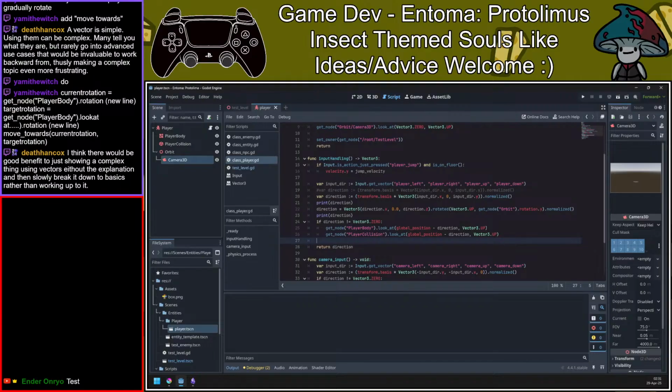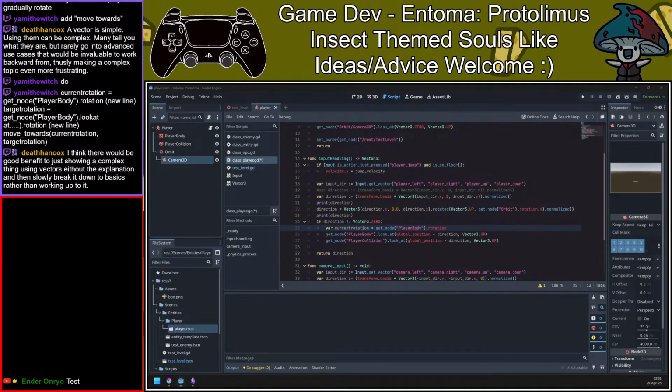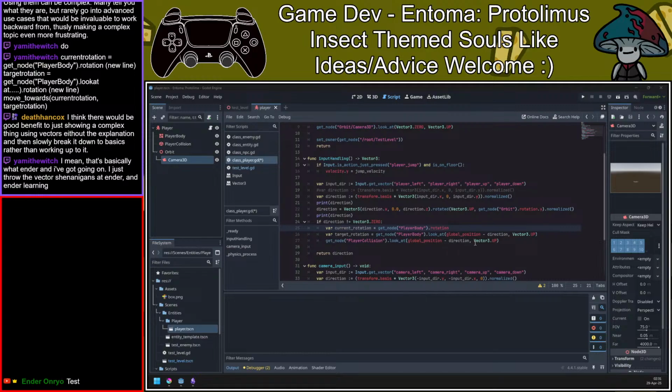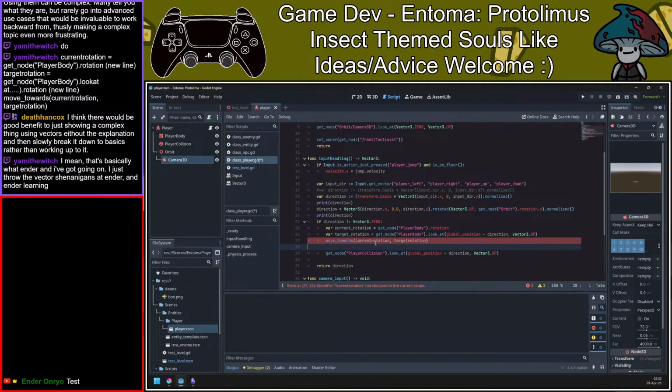Okay, so current rotation equals get. Okay, so current rotation, target rotation, move towards, move from this to this.